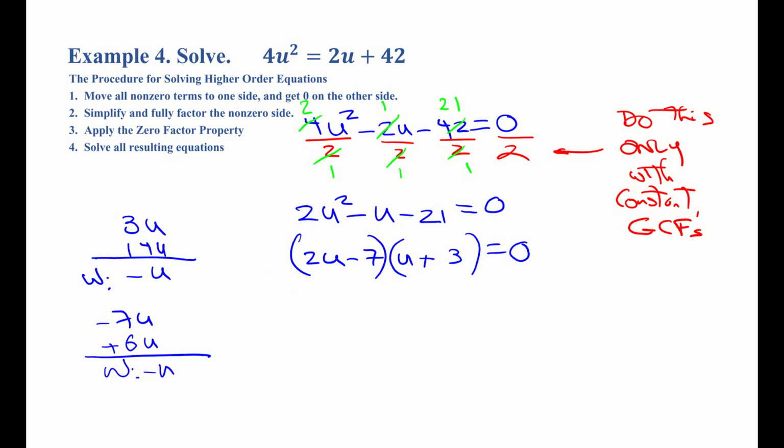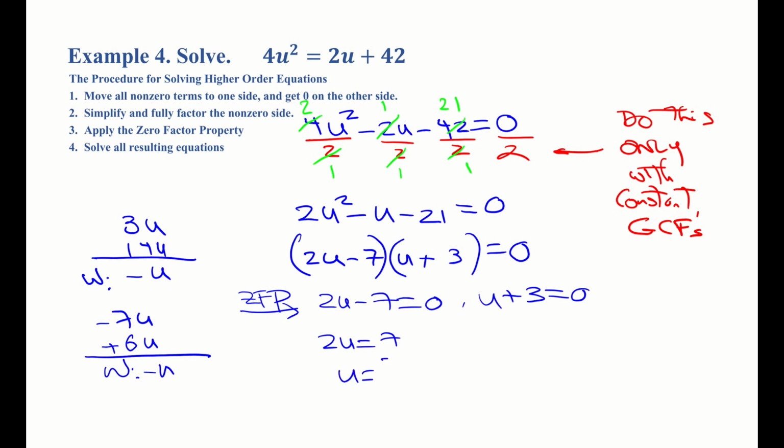So now we're going to apply the zero factor property, and we get either 2u minus 7 equals 0 or u plus 3 equals 0. So we get 2u equals 7, so u equals 7 halves, or u equals negative 3.